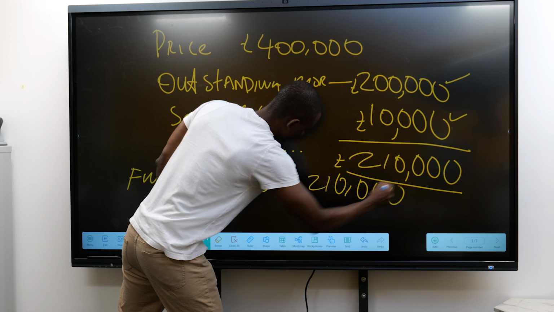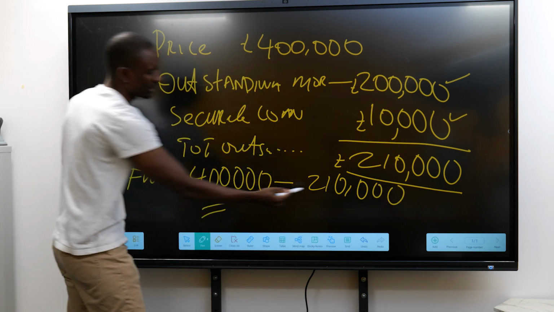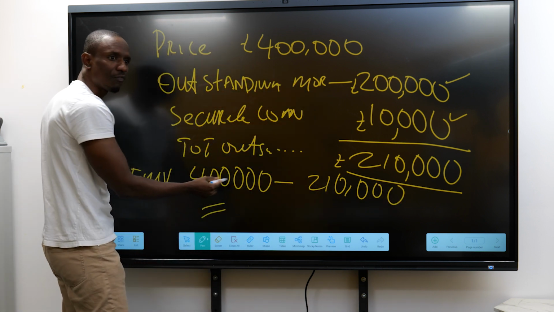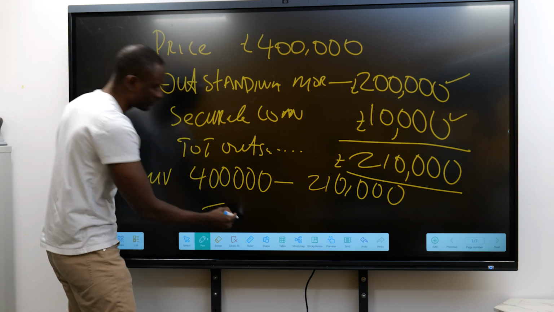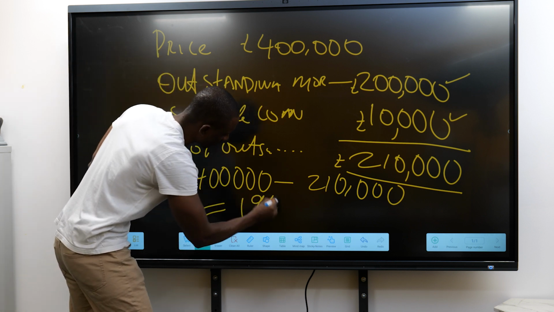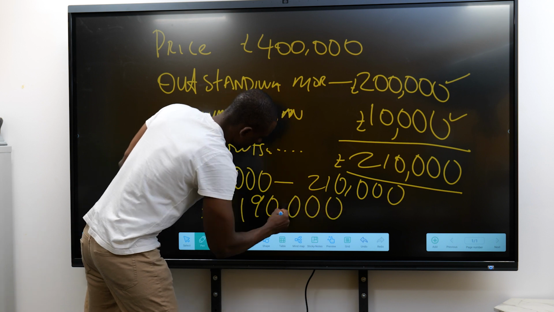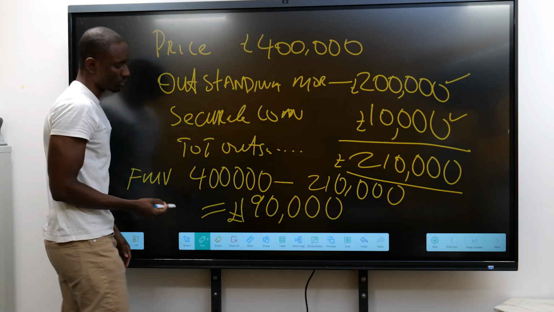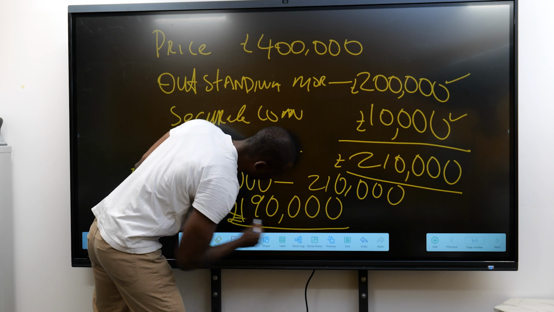If you minus £210,000 from your £400,000, that gives you how much? £190,000. So this £190,000 is what we call your equity.